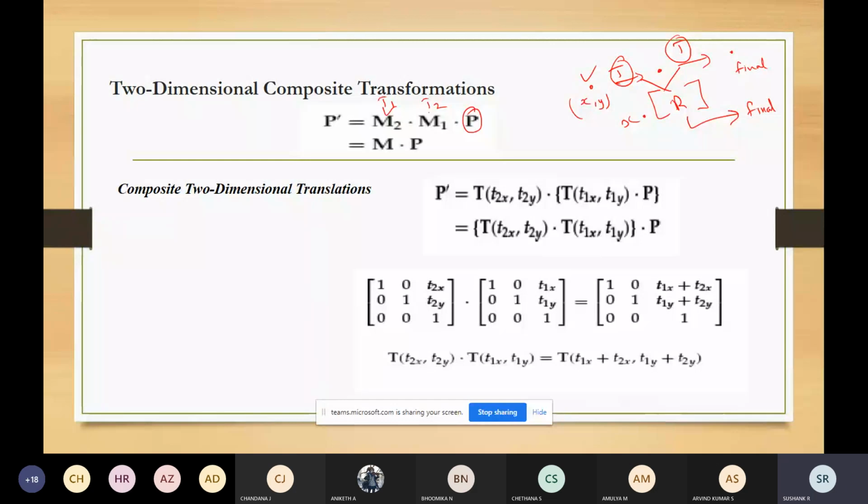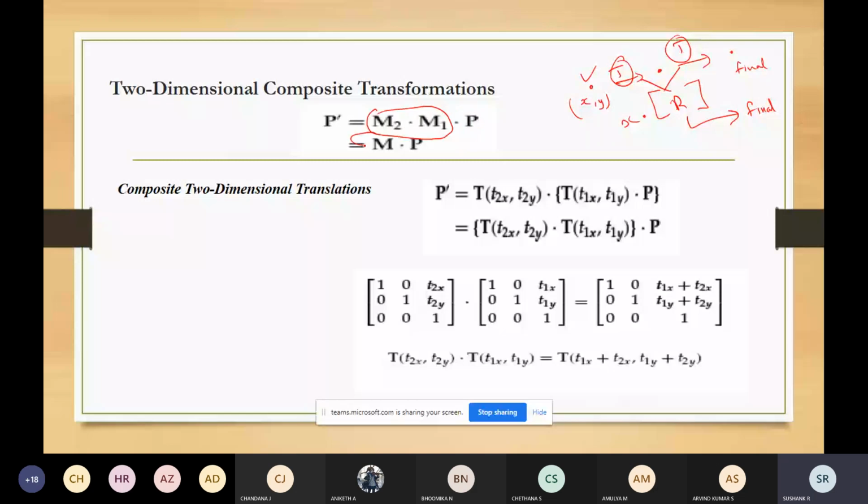So, forming the product of transformation matrices. Here M1 and M2 are two transformations. What I am doing is finding the product of these transformations. This is known as composition of matrices.